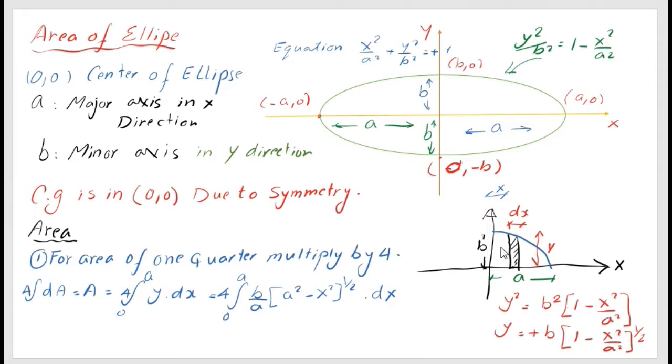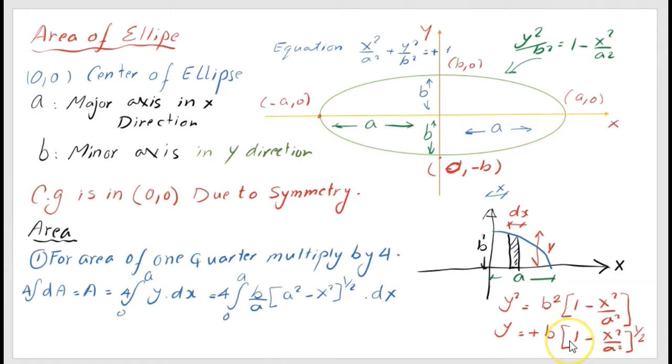So our area, we can say it is the integration of dA equal to A. For this small strip, we are going to integrate from 0 to a, because we are integrating in the x direction. So we are left with y by dx. Already we have the expression of y, which is b multiplied by the square root of 1 minus x squared over a squared.